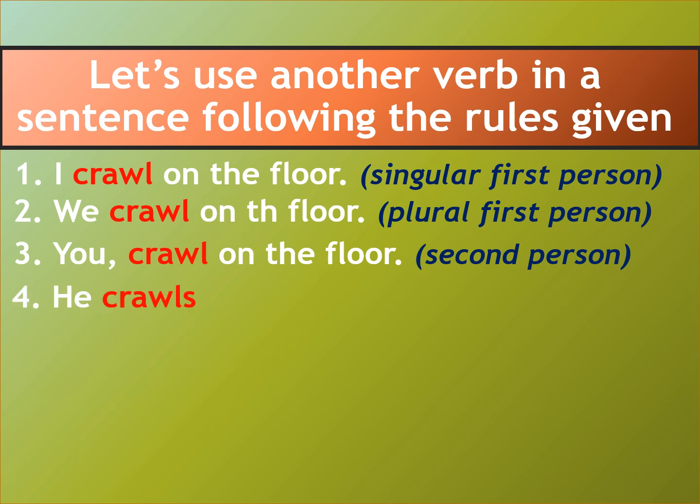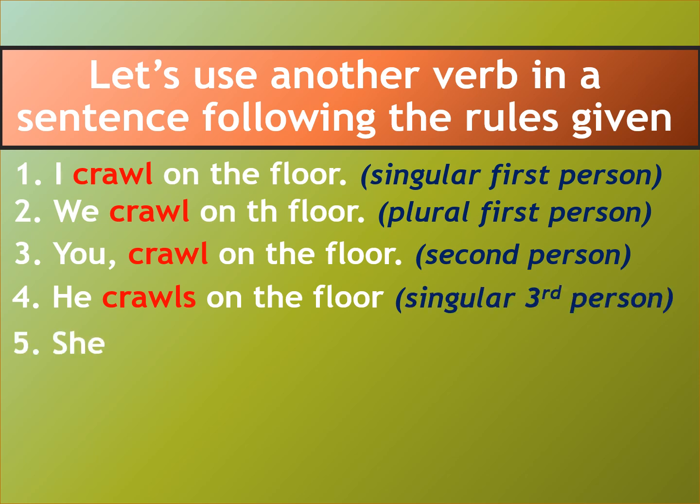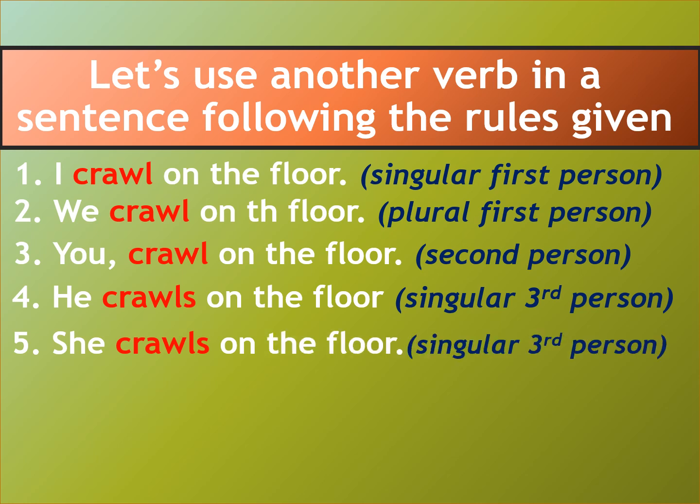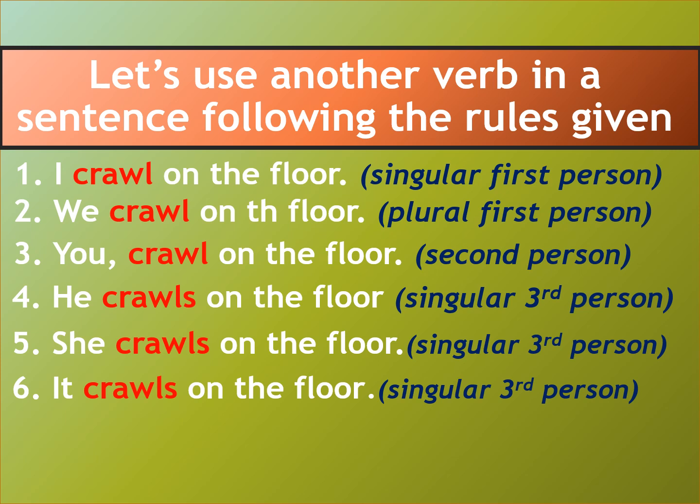Number 4, he crawls on the floor. It is singular third person. The next, she crawls on the floor. It is singular third person also, and it is in S form, the verb, like in number 4. Number 6, it crawls on the floor, and this is singular third person again.